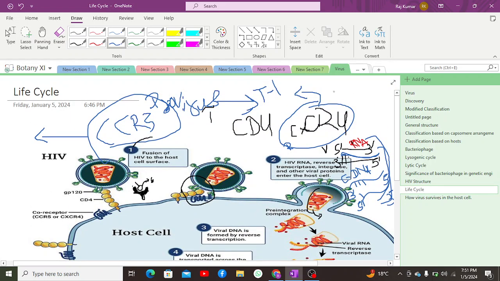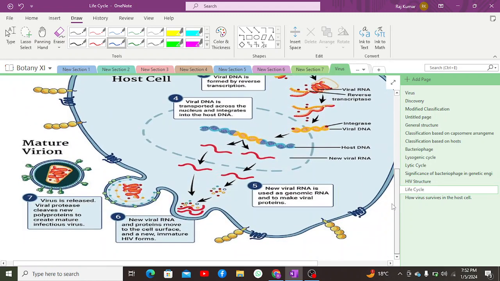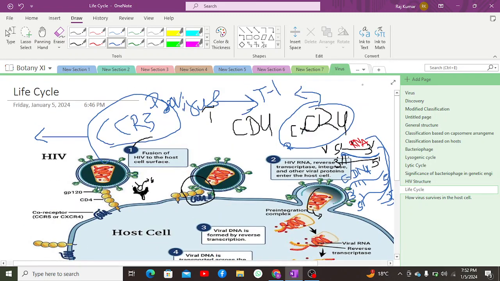So here, as you can see, we have their DNA, which consists of around 4,950 nucleotides, and there are nine genes present.